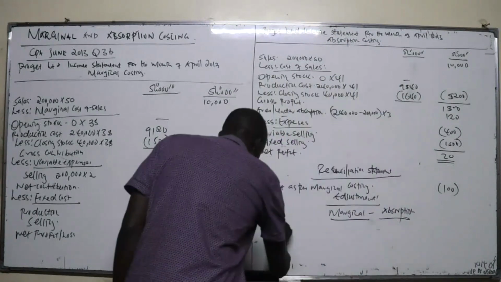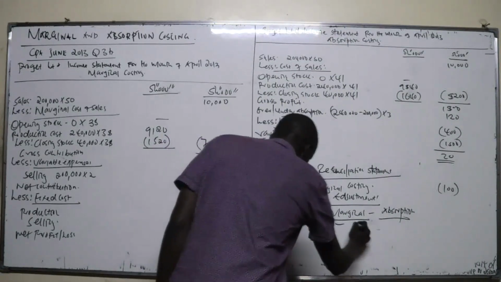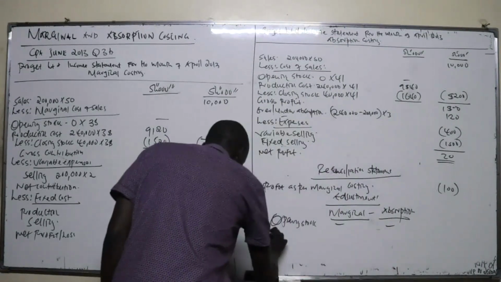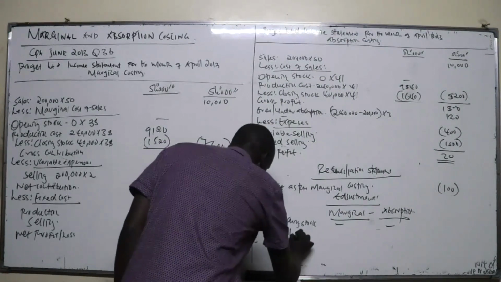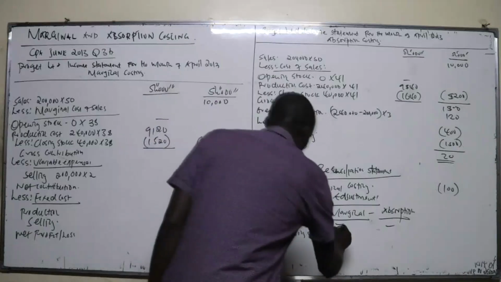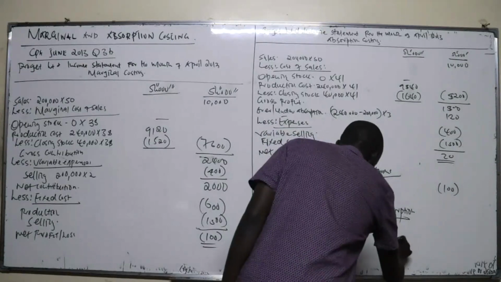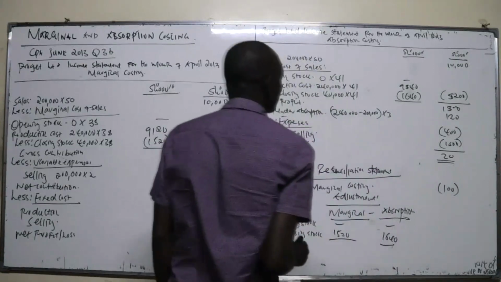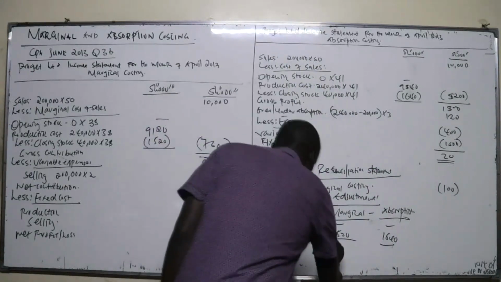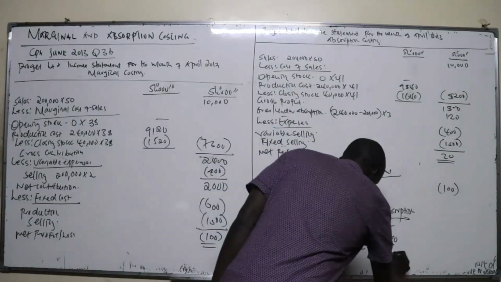So we have the opening stock, which is 0. You less closing stock. Closing stock is how much? 1520. And the other one is 16. Is it 1640? So this one will be minus 1520 minus 1640.